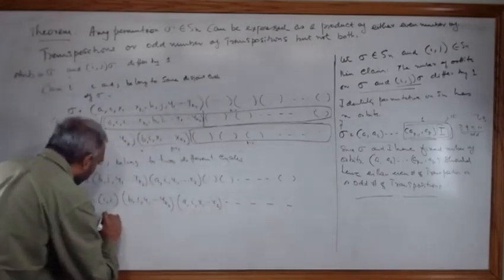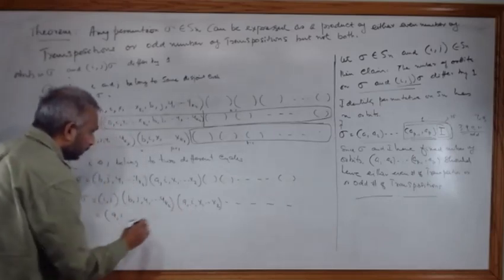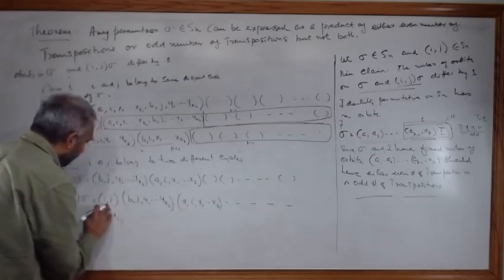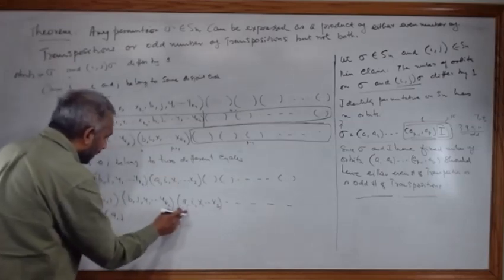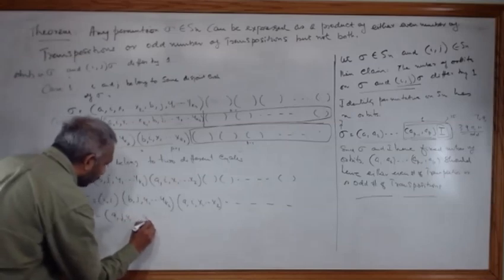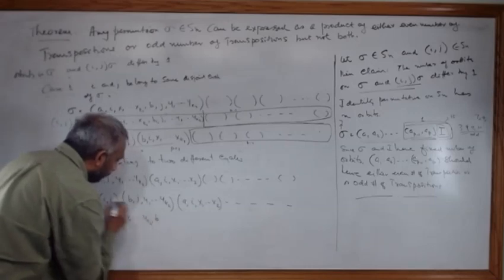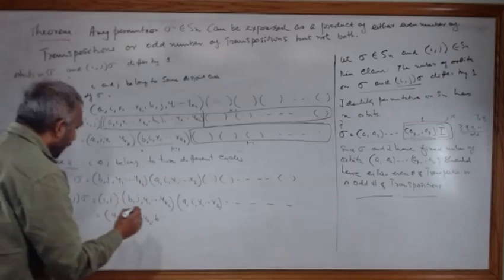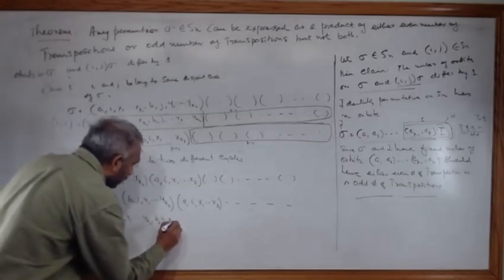So start from a, a goes to i, but there is no i here, but i goes to j. Now j is not here, j here, so j goes to y1, ..., yk2, then yk2 goes to b, and b goes to j, and j goes to i, and i goes to x1, ..., x2.